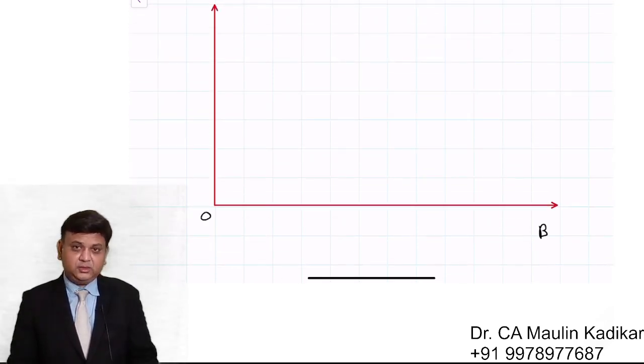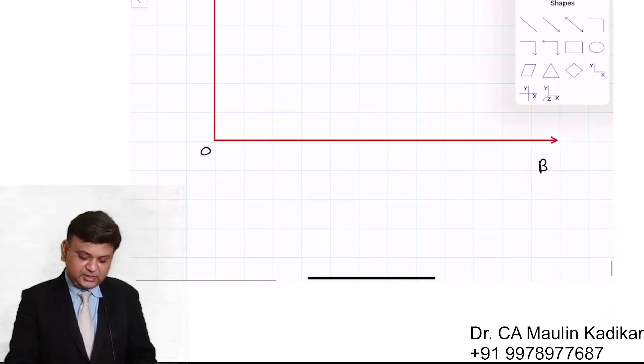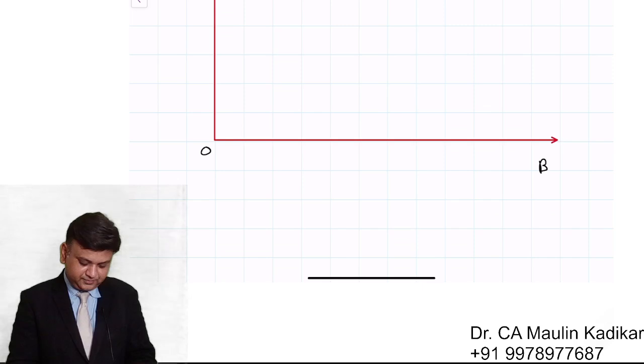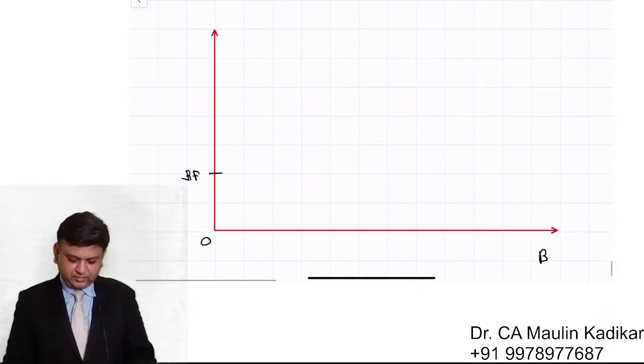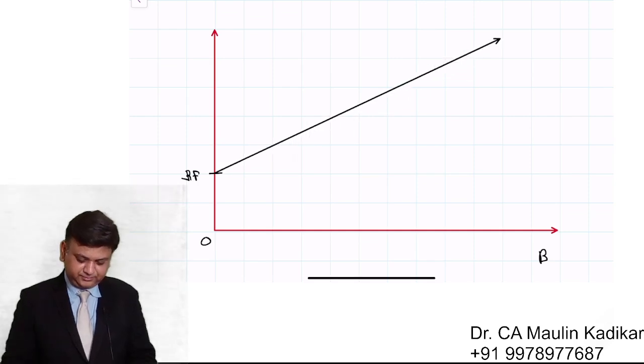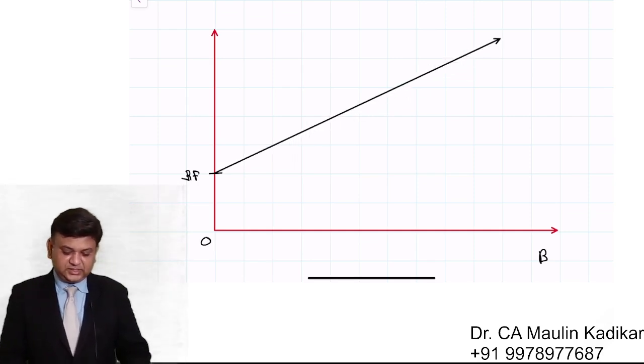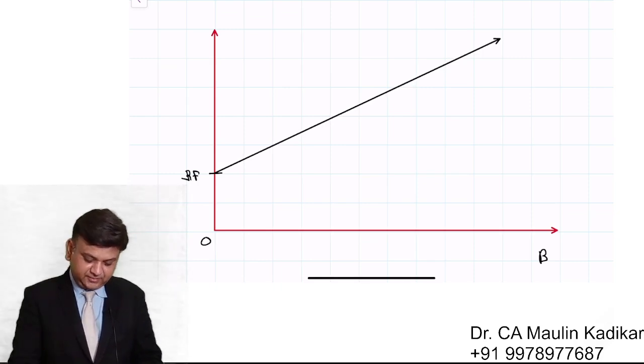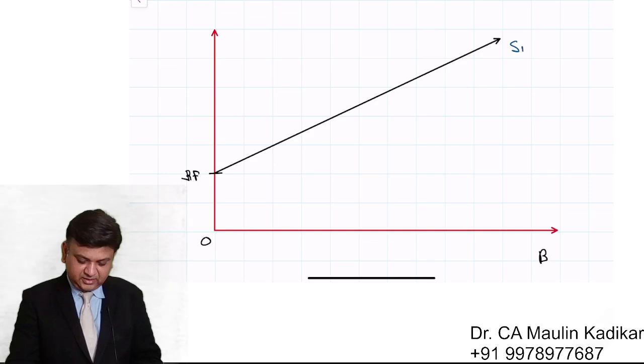Beta 0, then in that case the return expected is equal to RF. The line goes like this. This is given a name as security market line, SML.